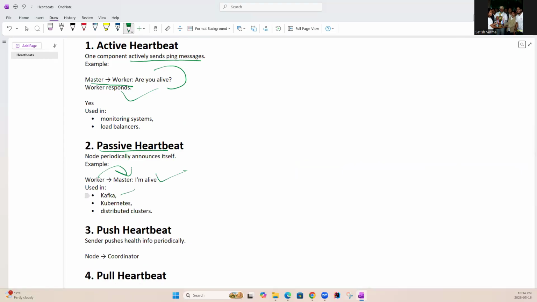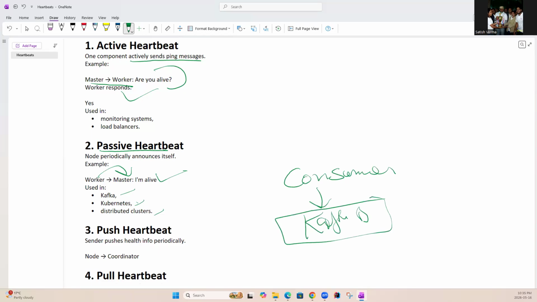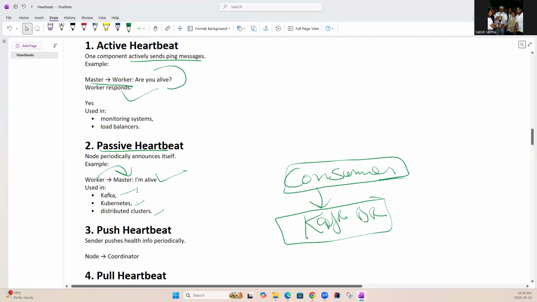It's like Kafka. In Kafka, we have consumers, and the consumer sends a message to the Kafka broker that I am alive. So this is a passive heartbeat.